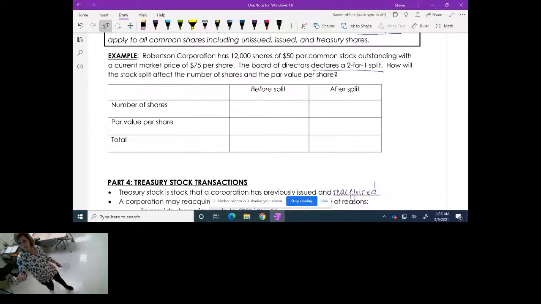Okay, so we're starting out before the split with 12,000 total shares with a par value of $50. All right, so how much is that in total? Our total common stock on the books. Par value times shares. How much is that? 600. It's 600,000.